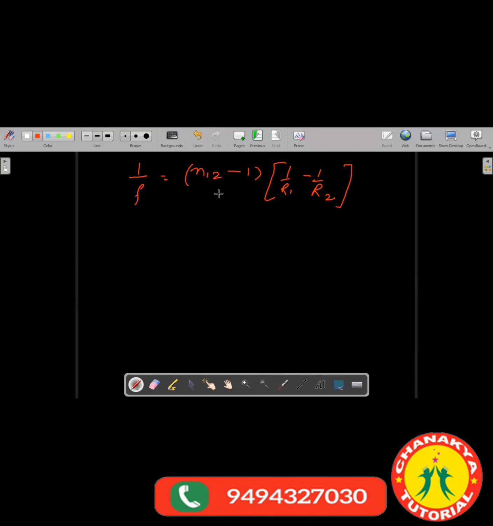Okay. So anyone having any doubts here? What if you have a double convex lens, and for the double convex lens, I get R1 equals R2? So what should be the focal length then?